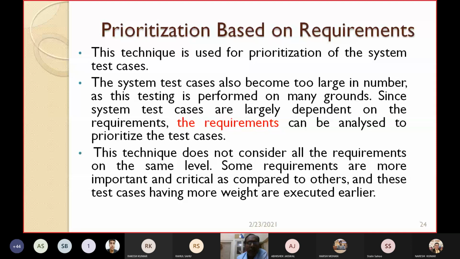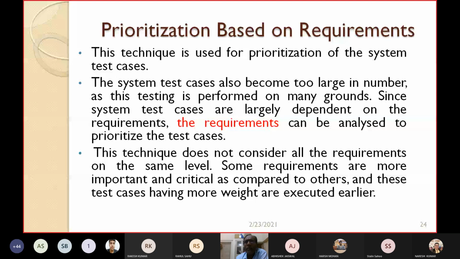These test cases having more weight are executed much earlier, so that if time runs short, some of the less important test cases can be skipped. But these highly important test cases should be executed earlier so that they will not be skipped.